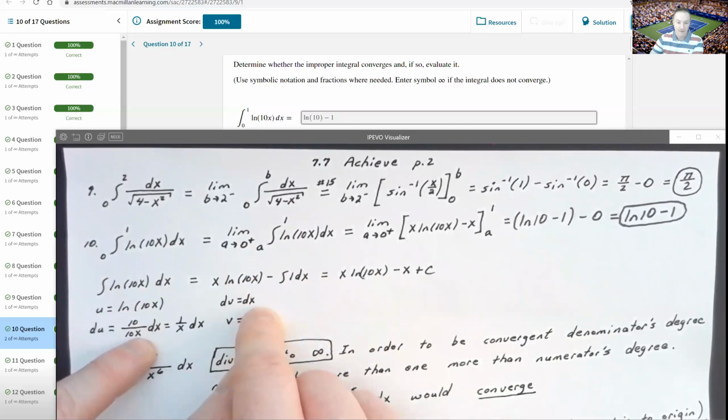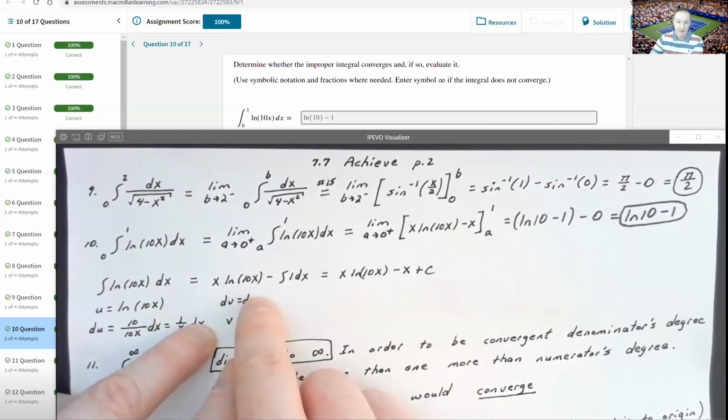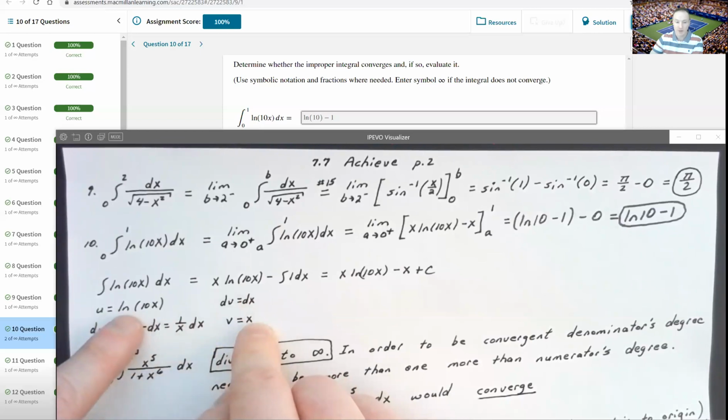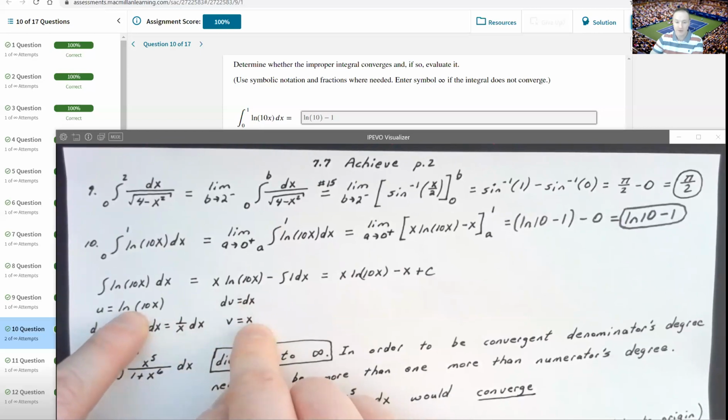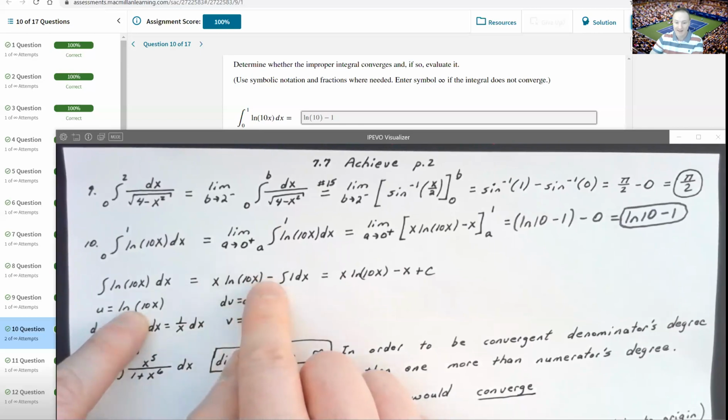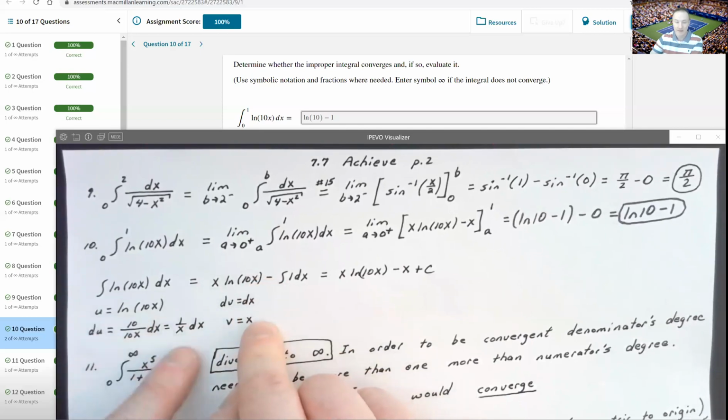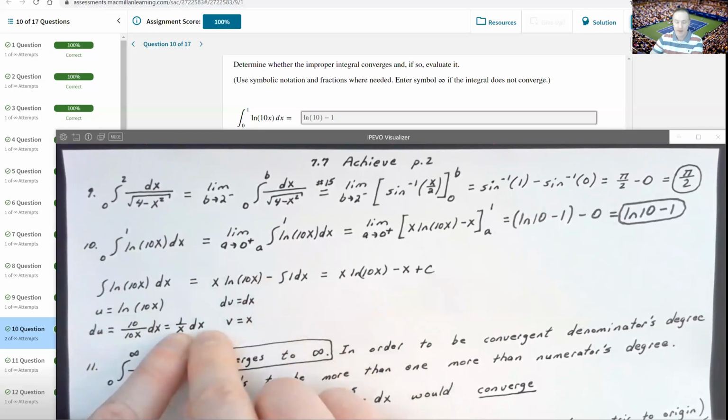You can see this just simplifies to 1 over x with respect to x. The integral of 1 with respect to x is x. So now the integration by parts formula says u times v, x natural log of 10x, minus the integral of v du. That would just be the integral of 1 with respect to x.